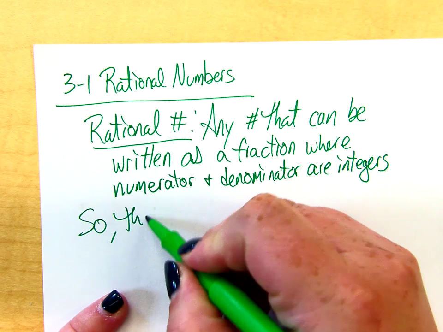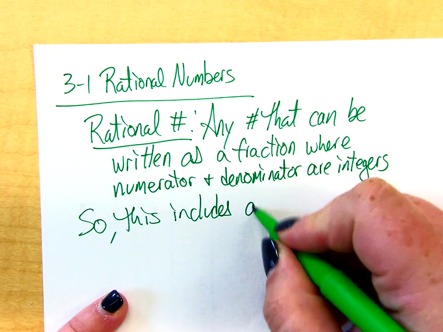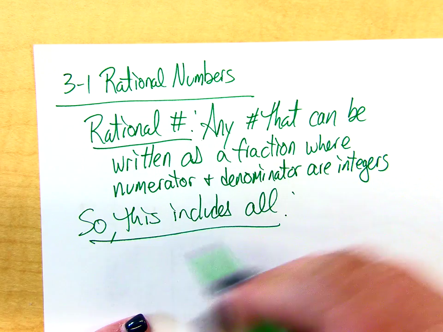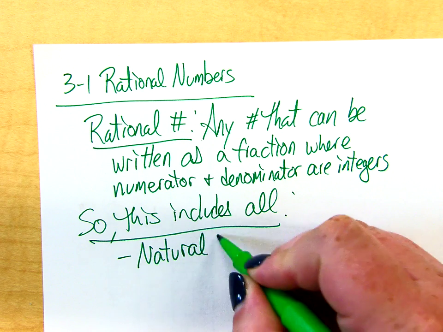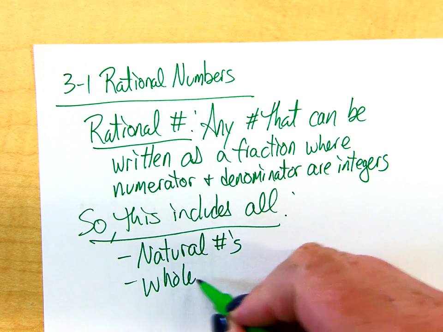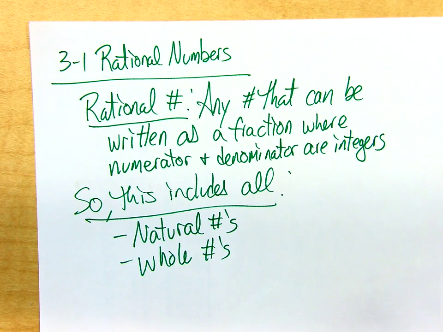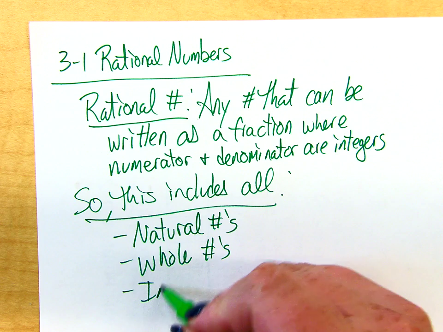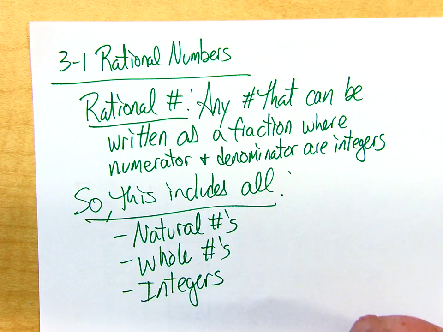So this includes all your natural numbers, your whole numbers, your integers, and any decimal that ends or repeats.